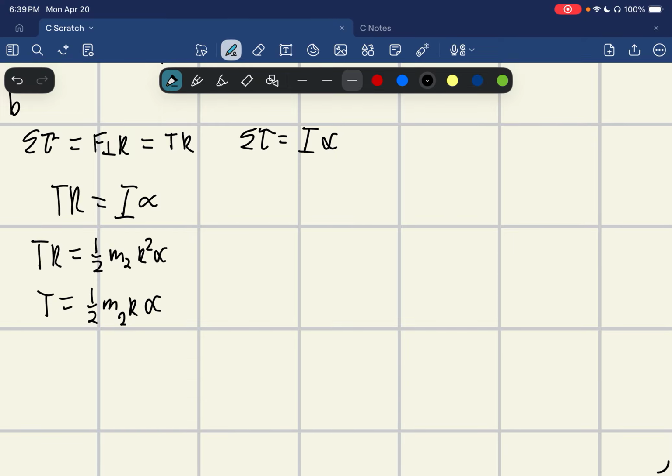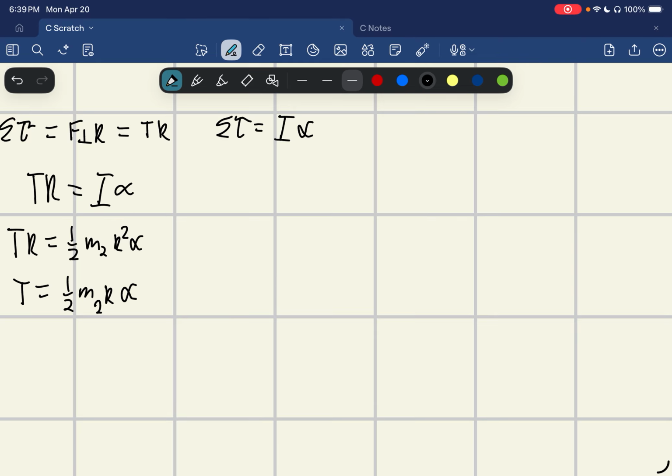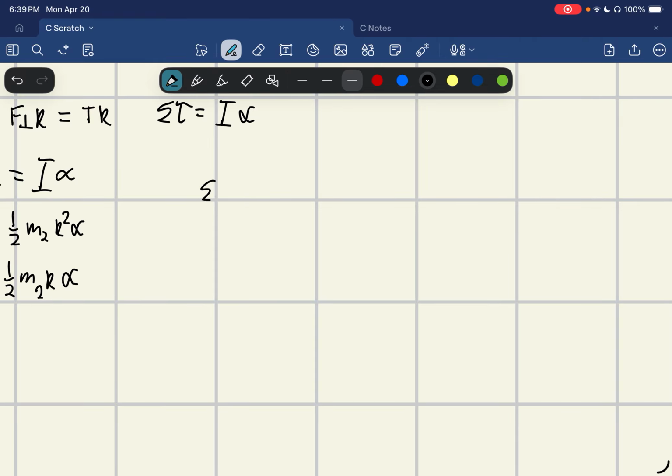And then here I would use forces. So look at the net force on m1. Net force on m1 is just equal to m1 times acceleration.